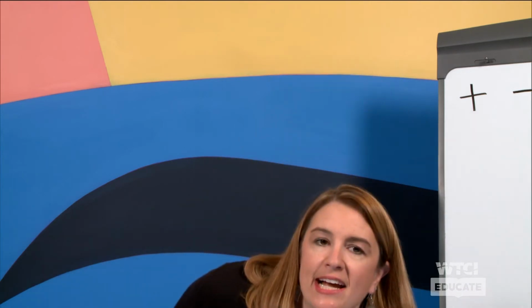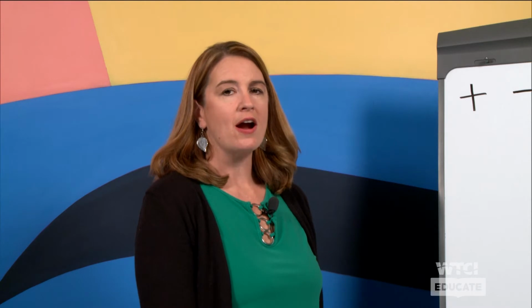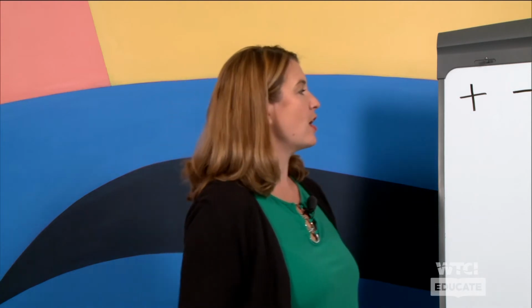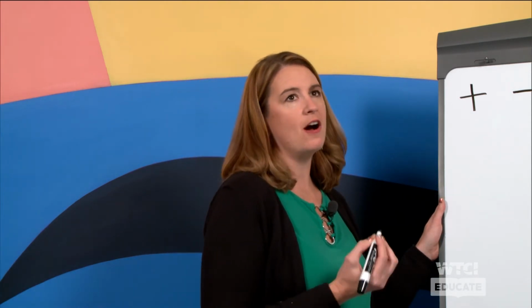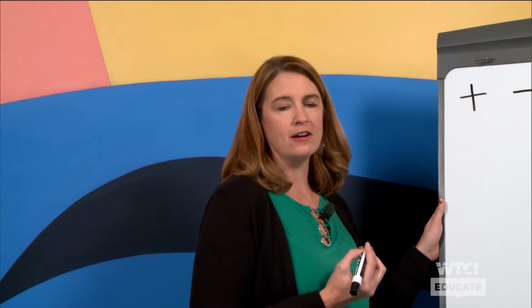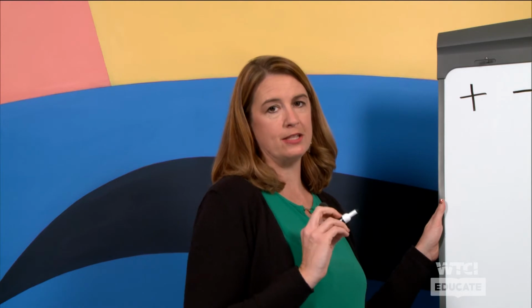All right, friends, the second part of our learning target said that we would represent with pictures. So I'm going to come over here, and if you have a piece of paper or a marker board or something that you can write on at your house, you can do this with me. 7 cars were driving on the road. Now, I don't want to draw out 7 cars because that would take too long. So all of my pictures today are going to be circles to represent the story.